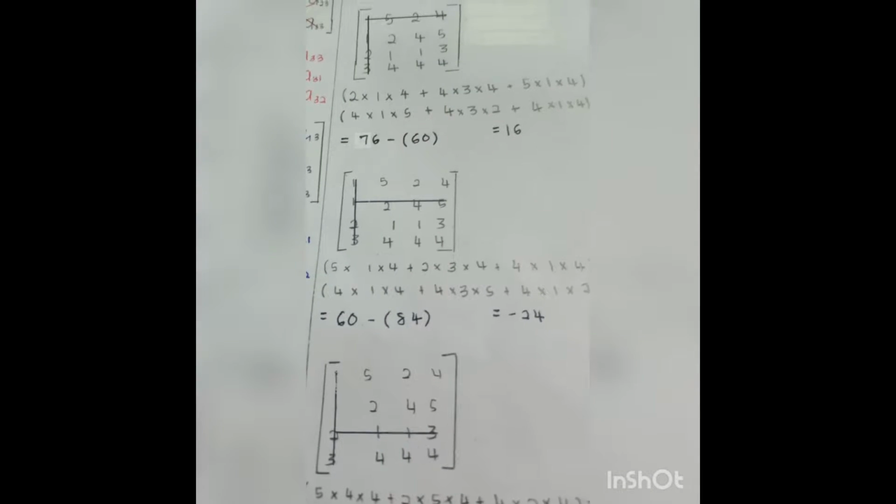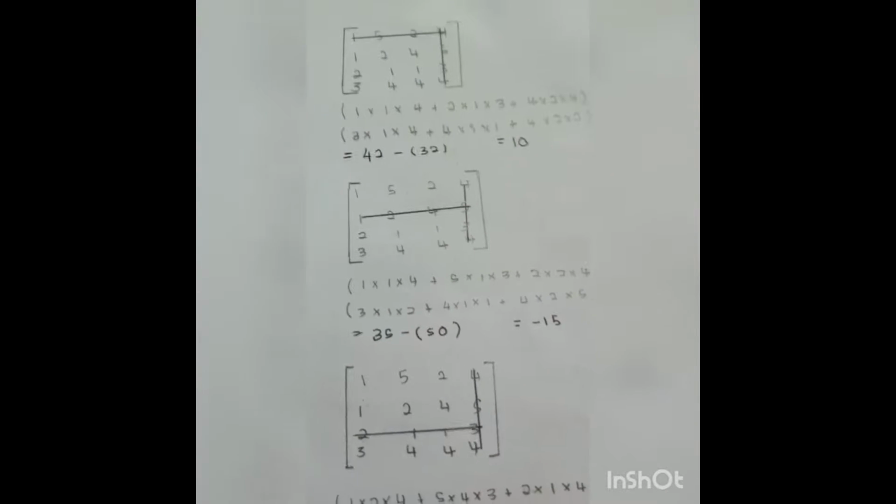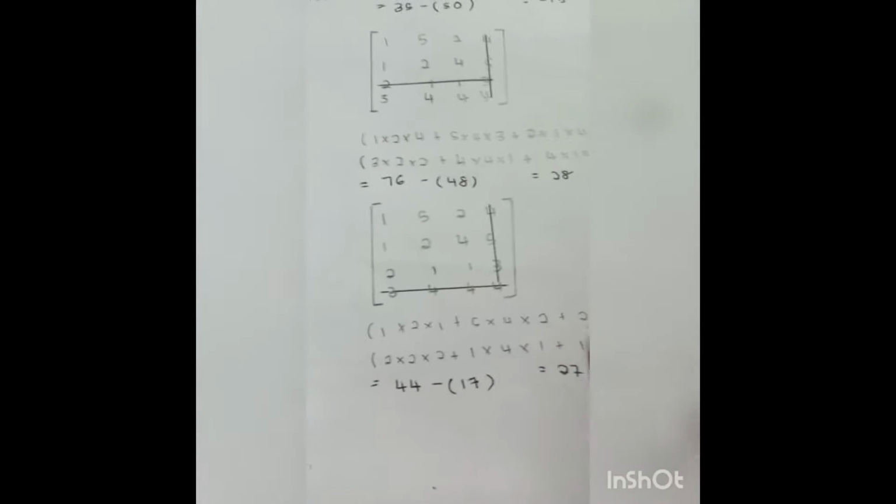We get 10, negative 24, 14, 17, negative 15, negative 28, negative 14, 35, 28, 25, negative 7, 24, and lastly we get 27.